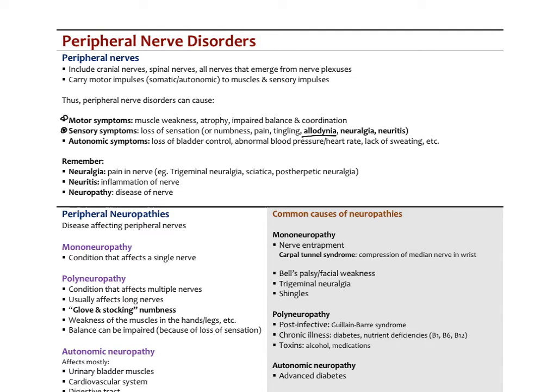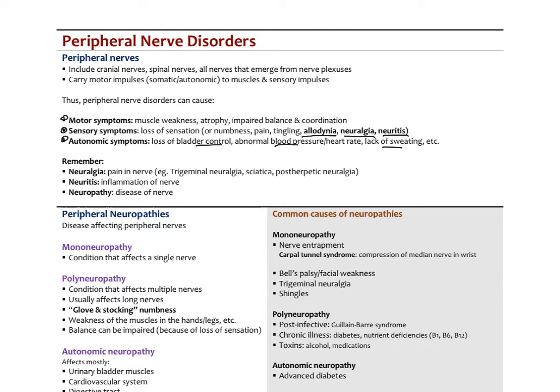So a patient with allodynia, if you just breathe or they feel wind on their skin, they experience that as pain. Neuralgia just means a disorder of the nerve, and then neuritis is inflammation of the nerve. Autonomic symptoms would include loss of bladder control, abnormal blood pressure, heart rate, lack of sweating, etc. So all of these could potentially manifest as peripheral nerve disorders.